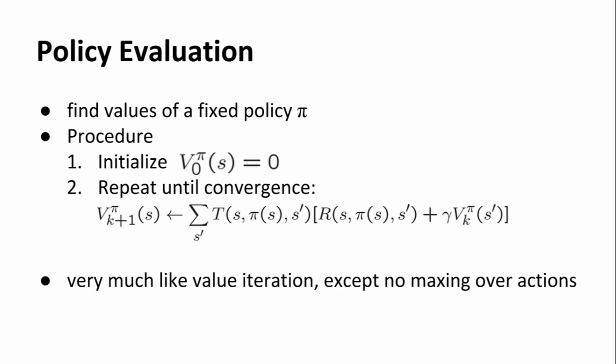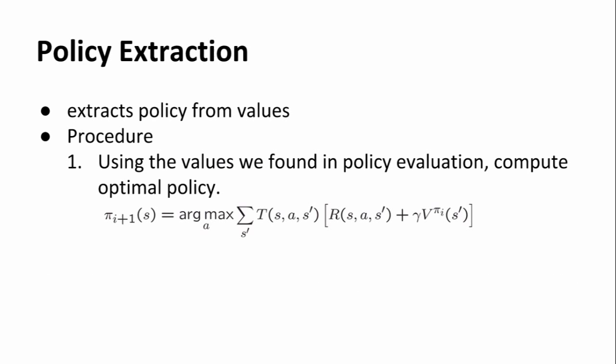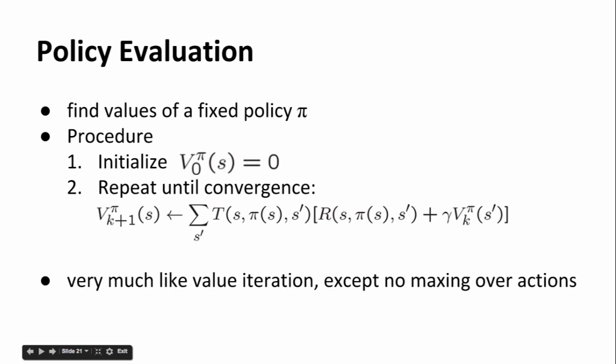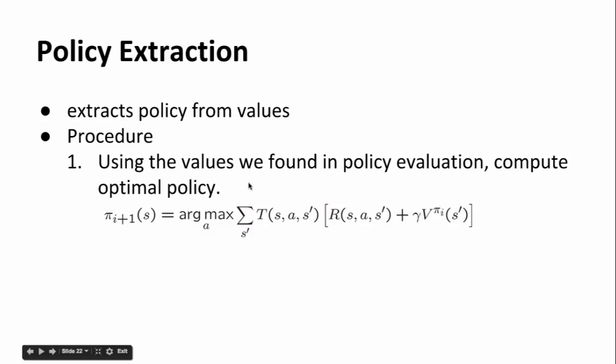They're decided by pi. Now, what policy extraction does is it's going to be given a set of values of each state, and it's going to extract a policy from those values. Okay, so where do these values come from? Well, they come from what we did before in policy evaluation, right? So we're going to use these values, and then we're going to compute the policy based on those values, okay?